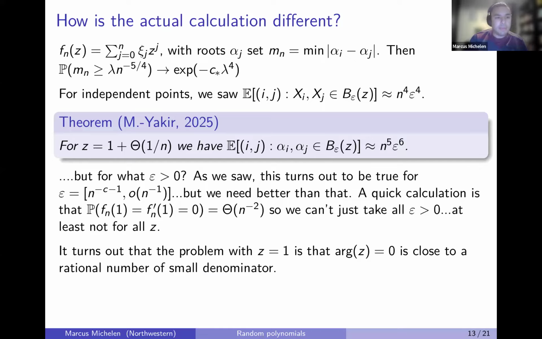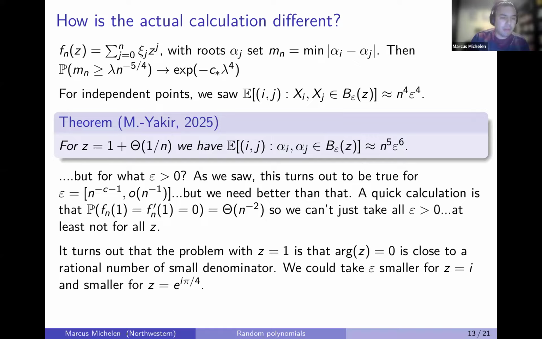So it turns out the problem with z equals 1 is that the argument of it, which is 0, is close to a rational number of small denominator. Right? I can write it as 0 over 1. So if I want to get a better epsilon, I could actually look at z equals i and take epsilon polynomially smaller than I could for 1, because the denominator there is actually a little bit bigger.